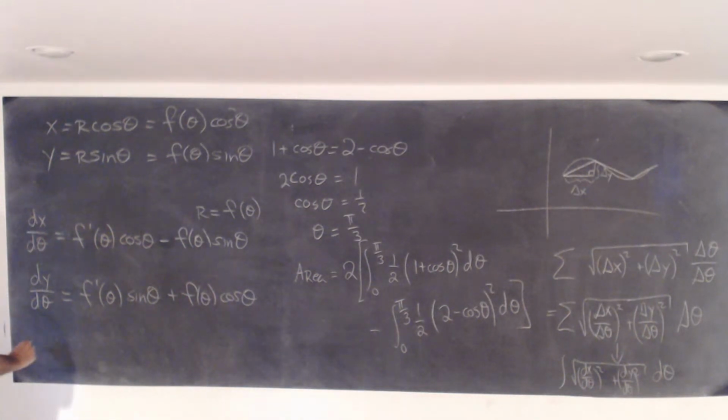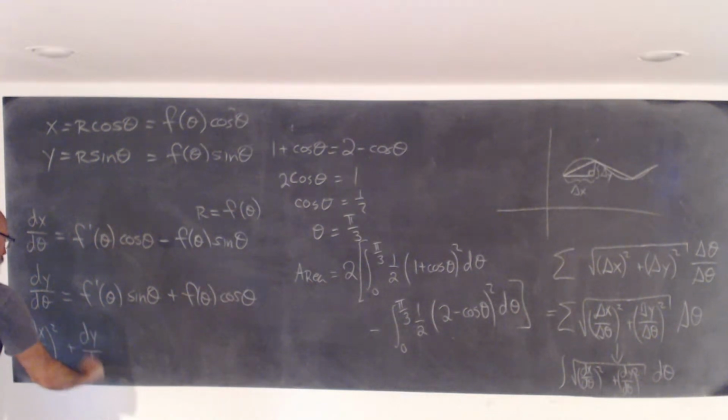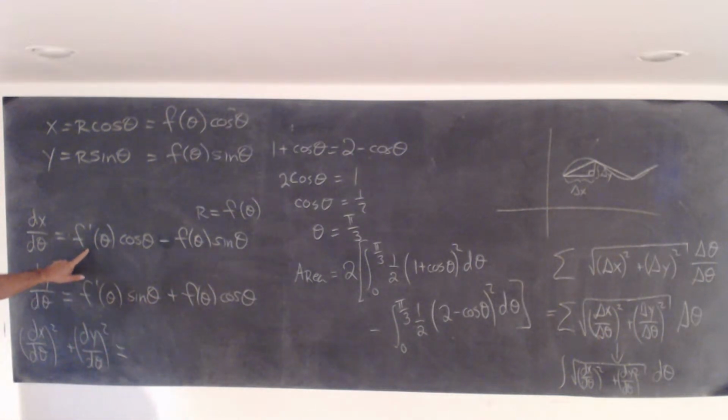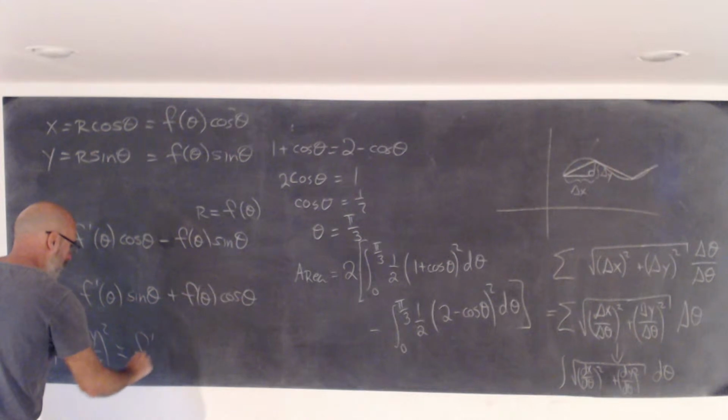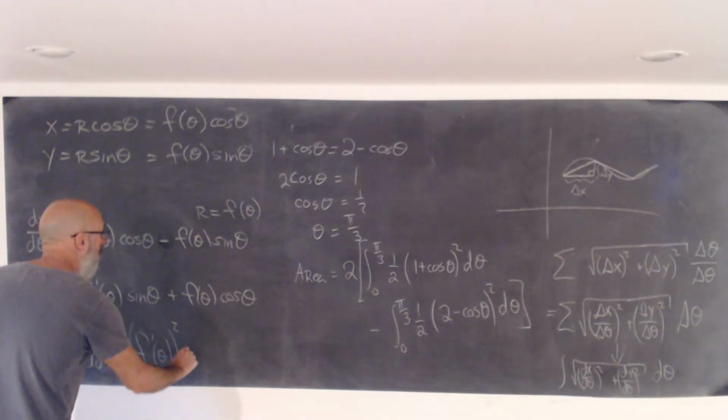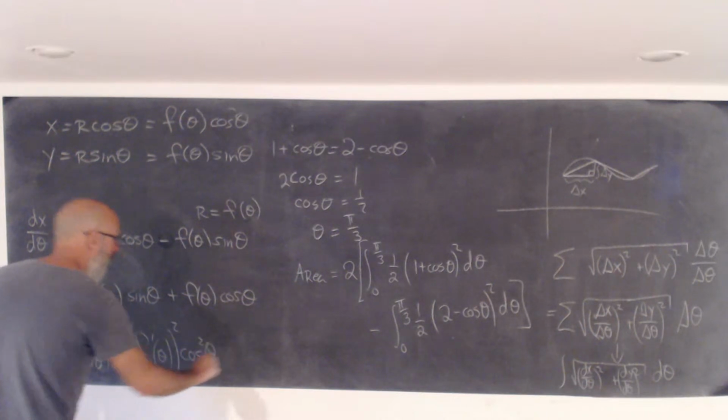So if you square these and add them together, what do you get? f prime squared cos squared.